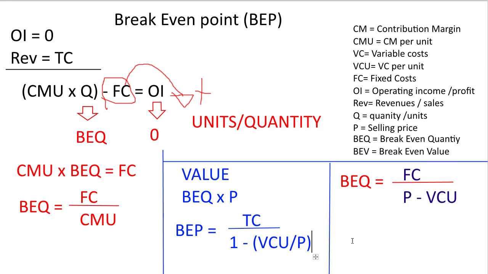You may also want to use the formulas, the break-even quantity, which is your fixed cost over your price minus your variable cost per unit, because contribution margin equals that. Or for the break-even point in value, you may want to do TC over 1 minus the VCU divided by P, and I should correct this to be BEV.